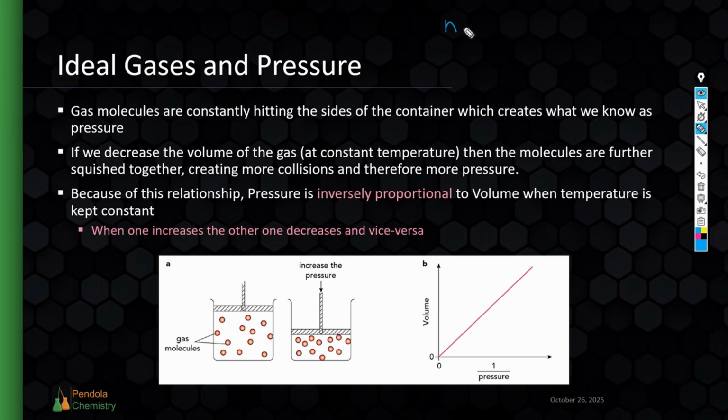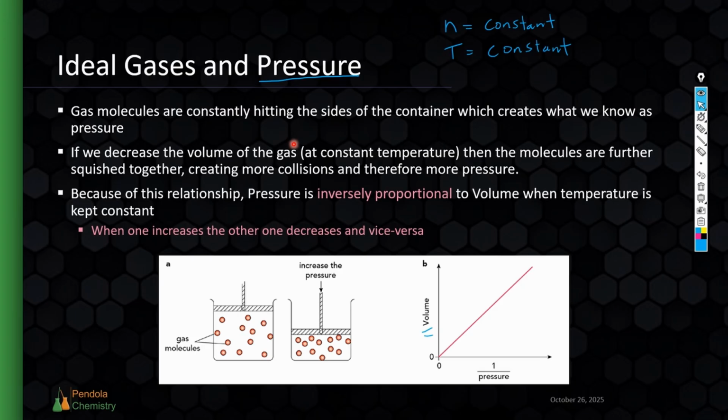N, which is number of moles, is going to remain constant in this scenario. And T, which is temperature, is going to remain constant in this scenario. So if these two are constant, how does changing the pressure of this gas affect its volume?